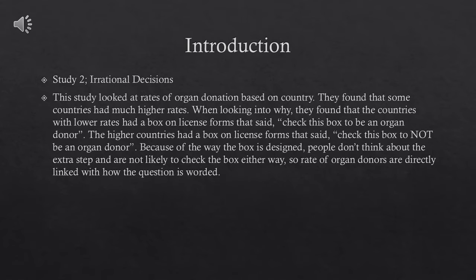It was overlooked a lot. And so that is why different countries had different rates of organ donation based on which question they used. It wasn't how ethical or cultural effects were placed on organ donation. It was all about the way that the question was designed.